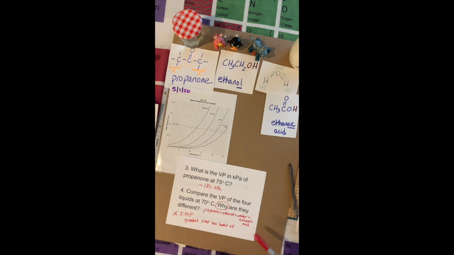And then that leads us to our answer. Out of these four, ethanoic acid has the greatest intermolecular forces of attraction because it has the lowest vapor pressure. It's not going to want to become the gas phase as readily as propanone or the others.